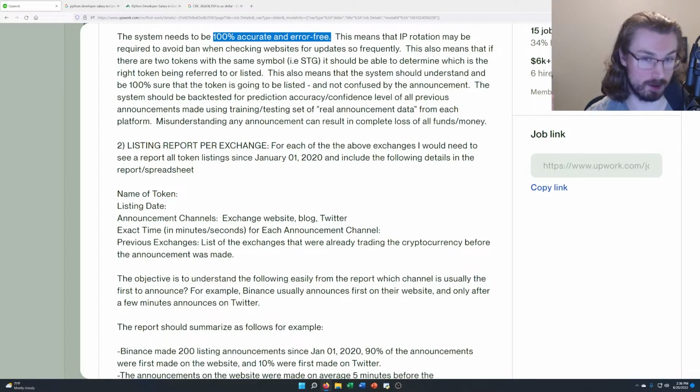Let me just tell you this, folks. I don't want to be the bearer of bad news, but our machine learning algorithms are not 100% accurate or error-free. Even our most mission-critical real-time systems are not error-free, even though we want them to be and need them to be most of the time. They're just not. Even our code fails. And performance metrics on machine learning and AI models aren't 100%.